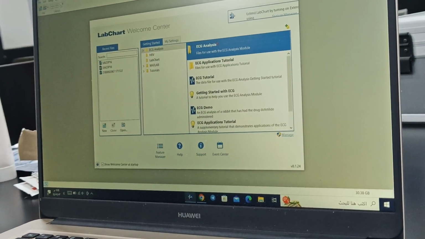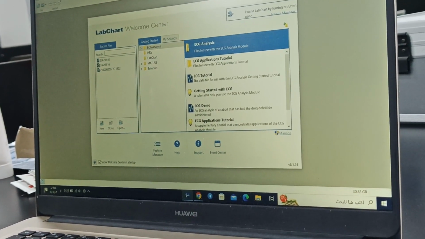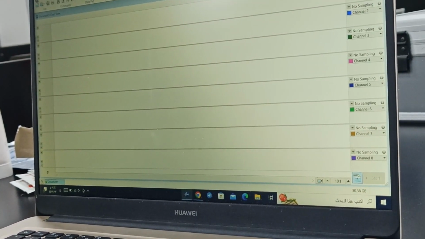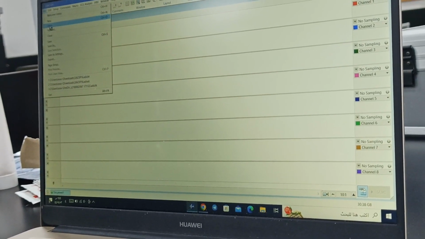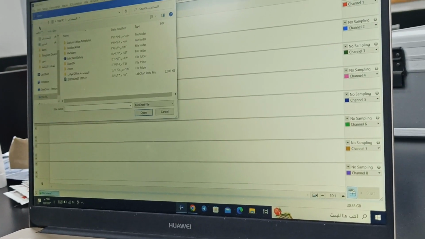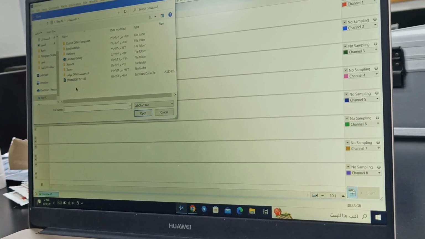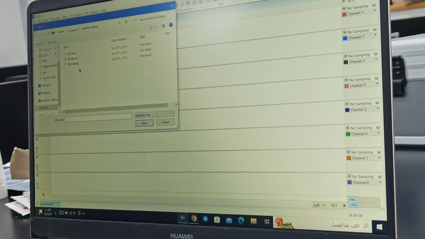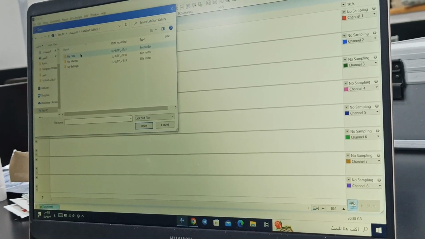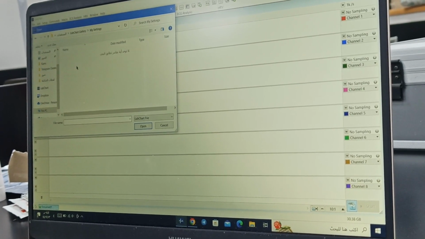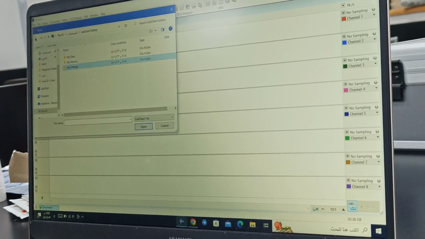We will open... it should have a LabChart gallery probably. My data, my settings. Where was the file saved?